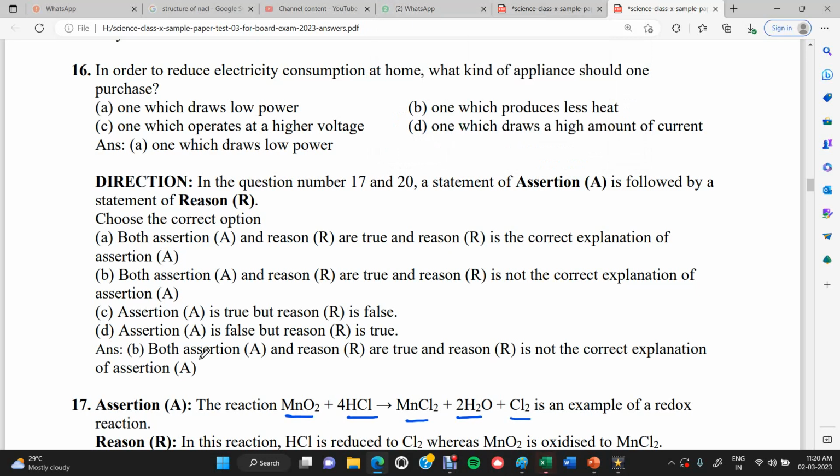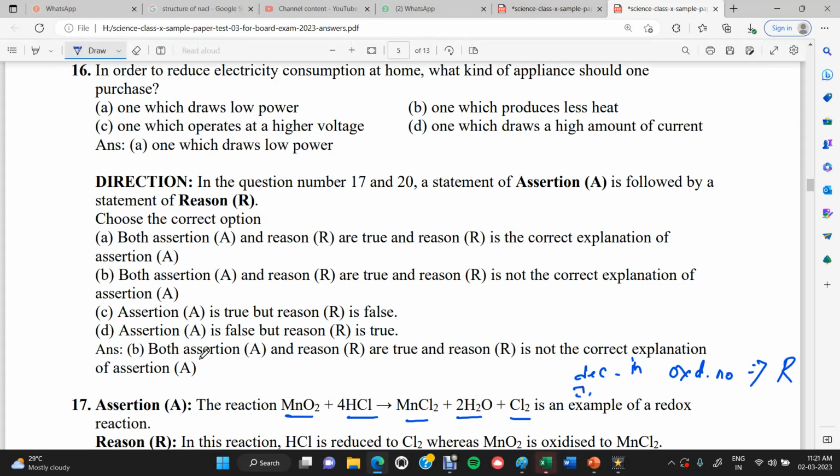We can define a decrease in oxidation number as reduction, right? The opposite, an increase in oxidation number, will be oxidation.